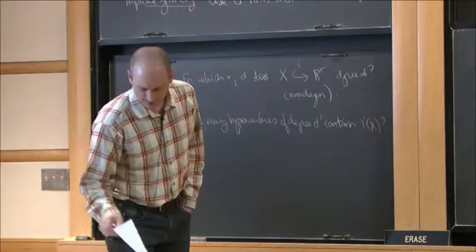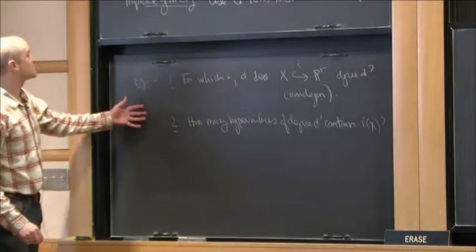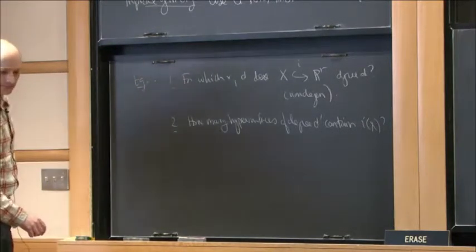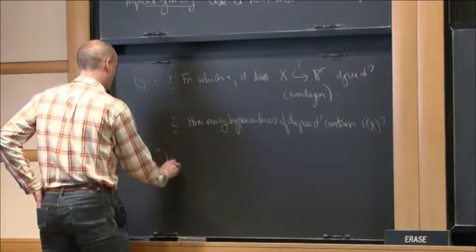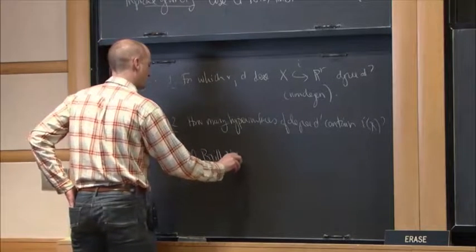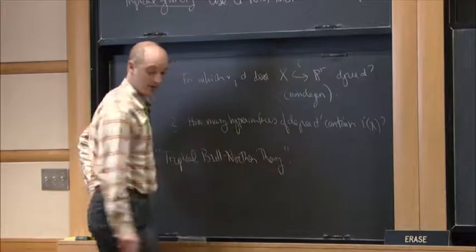I think on the face, it's not necessarily obvious that these questions are approachable from this graph G, but they are, and so the whole yoga of answering questions like this from the data of the graph is what we're calling tropical Brill-Noether theory.